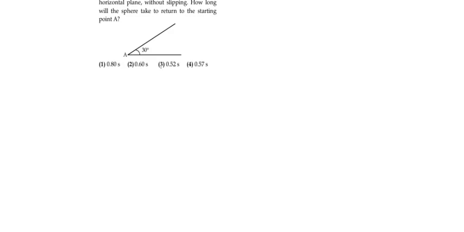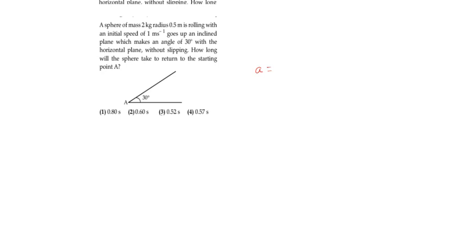As we have already just discussed, the acceleration a for a sphere will be g sin theta by 1 plus I by MR square, where I for a solid sphere is 2/5 MR square.